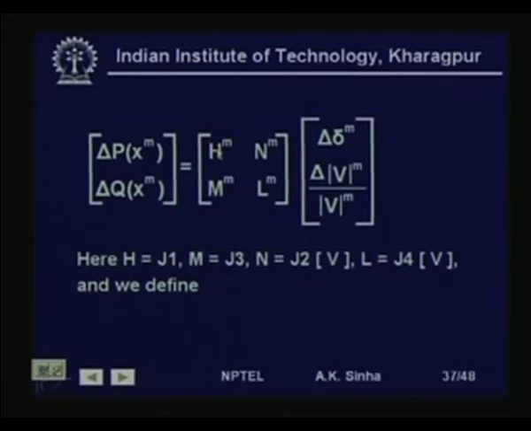Then all the off diagonal elements for these matrices come out to be the same terms, and therefore, the number of terms that we need to compute for the Jacobian elements gets reduced considerably. Also, if we are multiplying by v these two submatrices, then we are dividing by v this state variable term here for the Newton-Raphson algorithm.